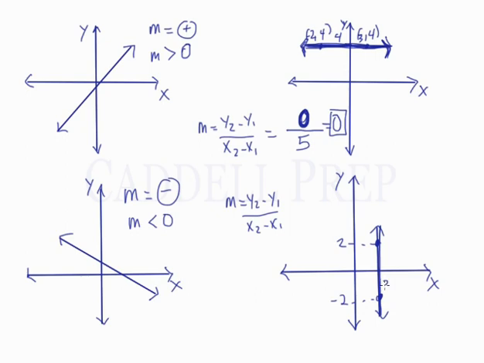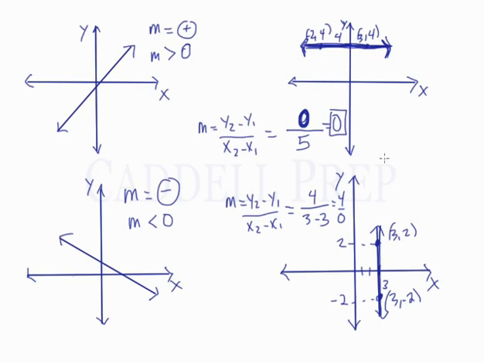So even if this x value is 3, well, we're going to have this coordinate as 3, 2 and 3, -2. So again, the important thing is that the x stays the same. So in the denominator, we're going to have 3 minus 3. And on top, 2 minus -2, so 2 plus 2 is 4. We're going to get 4 over 0.